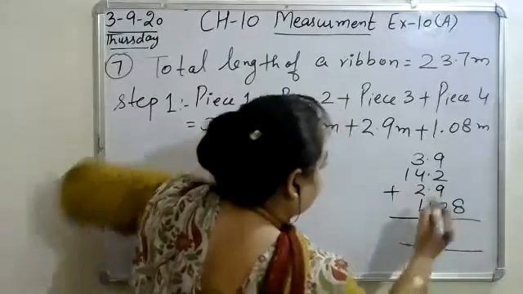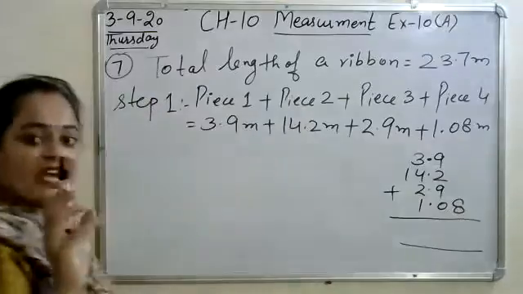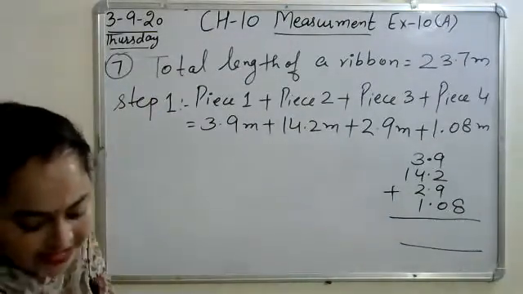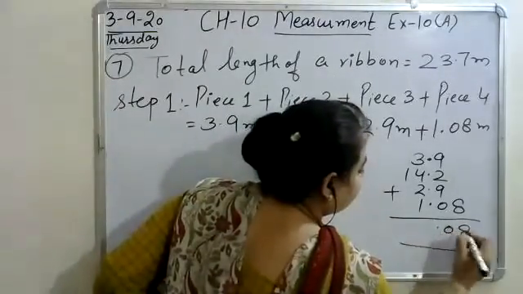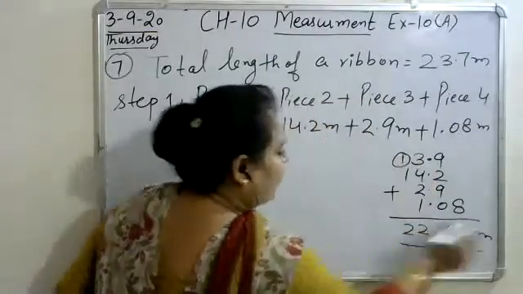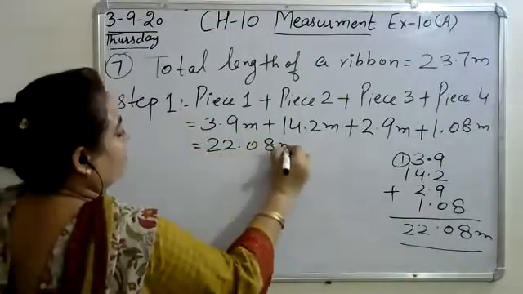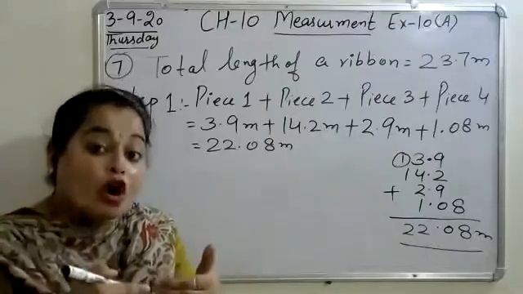All the decimals in a single row. You will not change the position of decimals. So after addition, what will you get? 22.08 meter. This is the combined result of 4 pieces.